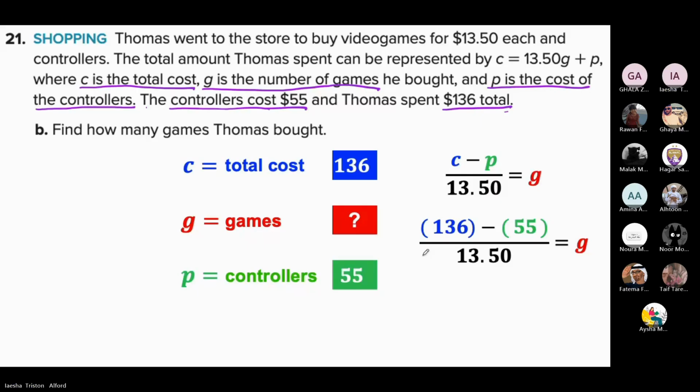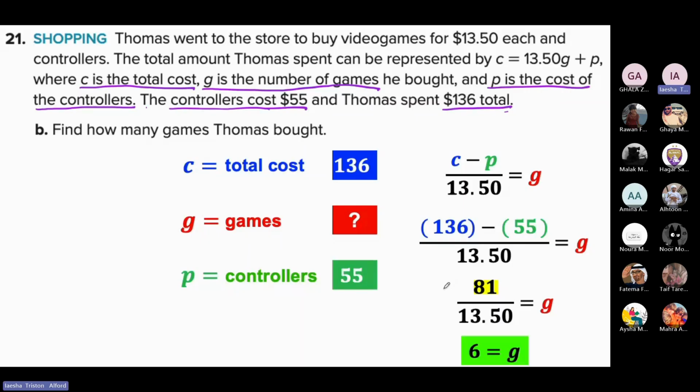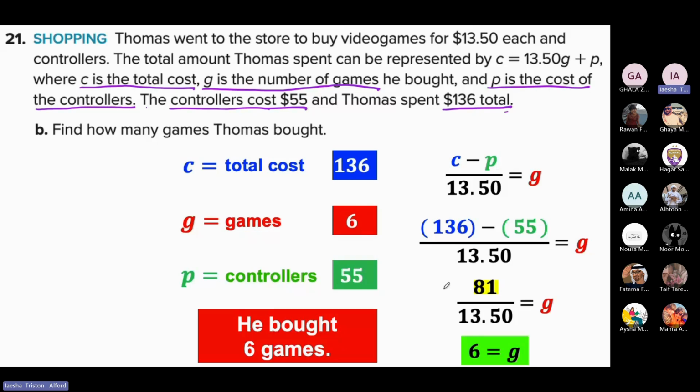Do the top in the calculator. You should get positive 81. Divide 13.50. You should get positive 6. So how many games? 6 games. What's the sentence? He bought 6 games.